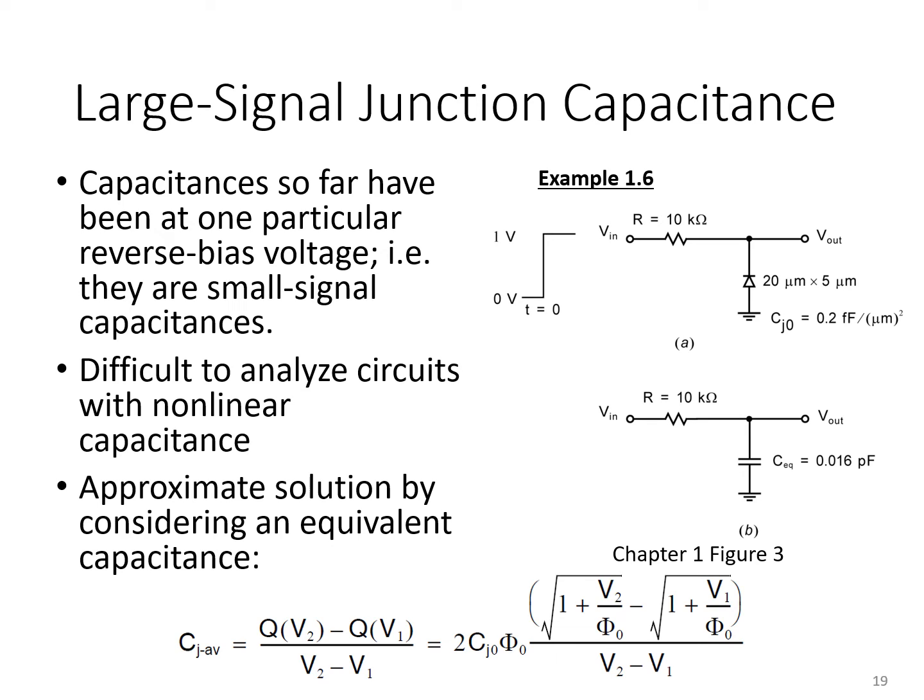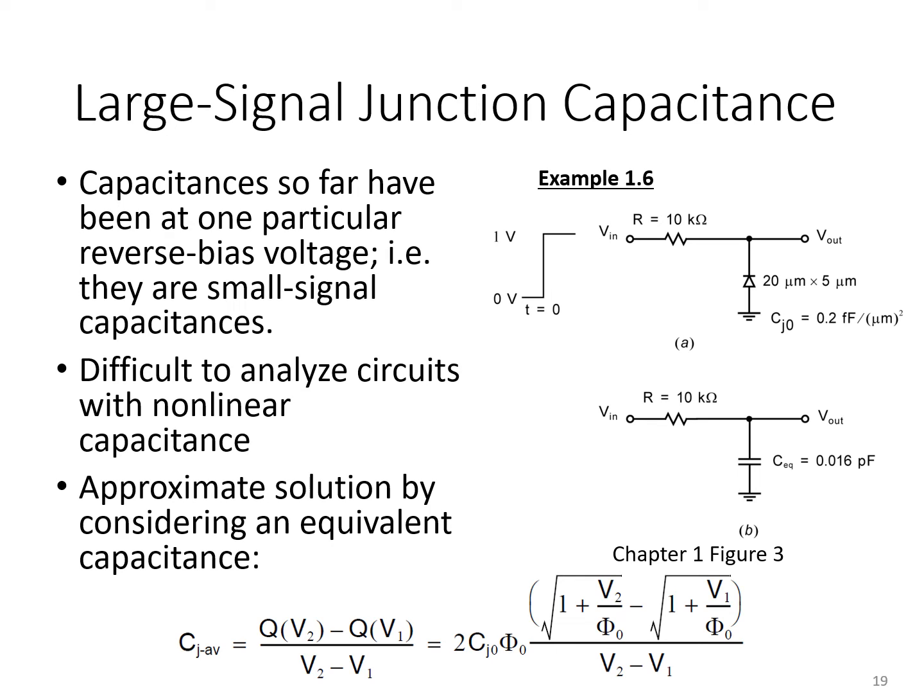But that may result in some inaccurate estimates when the voltage across the capacitor is actually changing by quite a bit, right? When essentially the signal across that capacitor is not small.